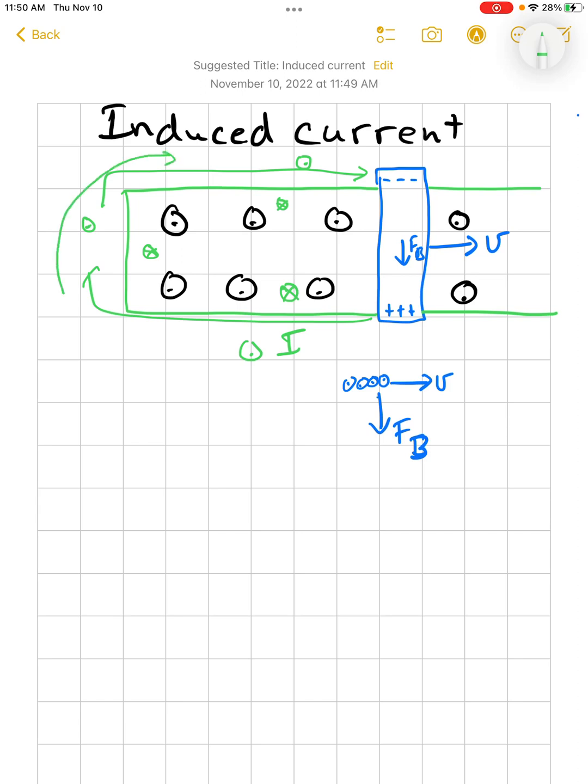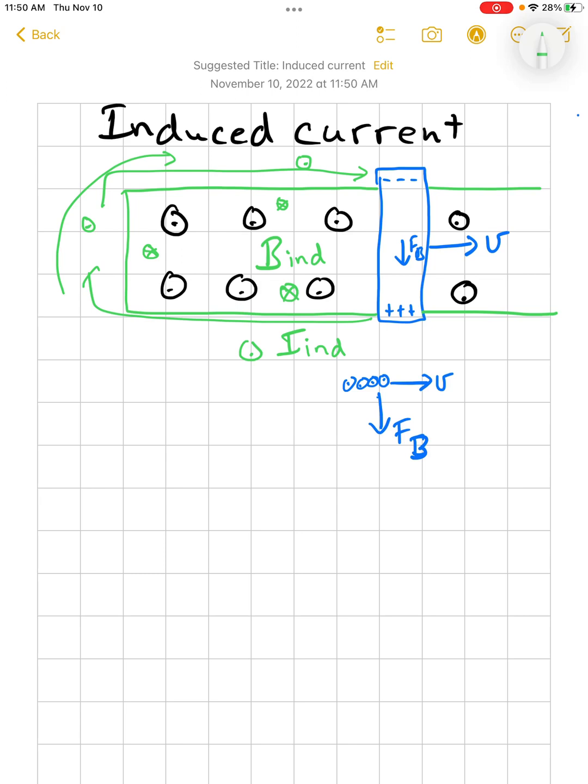And our thumb will then point in the direction of the magnetic field. So the magnetic field is going to be pointing into the loop here. And this is our induced magnetic field, and this is our induced current. And it's caused by the fact that we have motion from a metal object in a magnetic field.